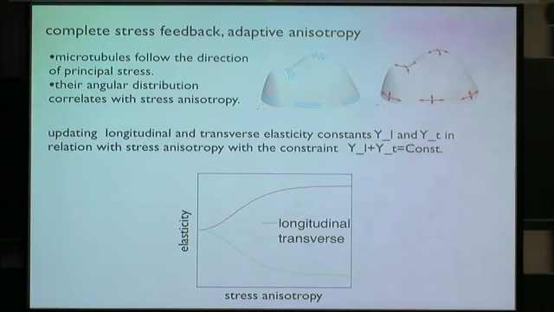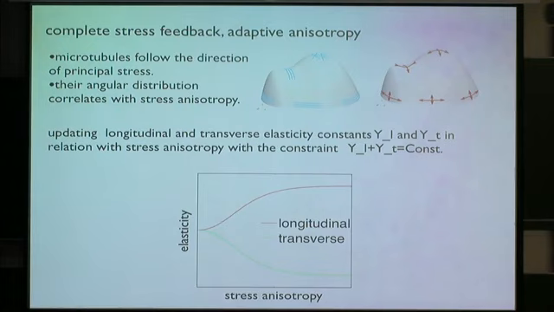This is a very simplified assumption because we can assume that we have a constant amount of fibers all the time, and if we distribute them uniformly or align them all in one direction, we should reduce the elasticity in one direction and add it to the other direction. So this is a very simplified assumption that we have made. And you can see that when we change the stress anisotropy in our model, we adapt the longitudinal and transverse anisotropy to the stress anisotropy in a kind of nonlinear fashion.